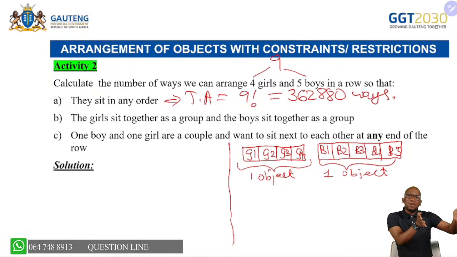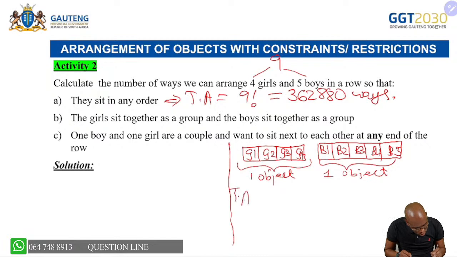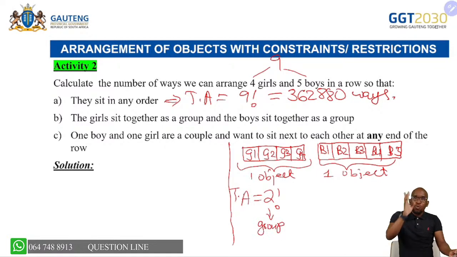The girls can be on the left and the boys on the right, or the boys can be on the left and the girls on the right. So you have 2 groups to arrange. So in arranging them, the total arrangement should be 2 factorial. This 2 factorial is for the group. 1 group for girls, 1 group for boys.